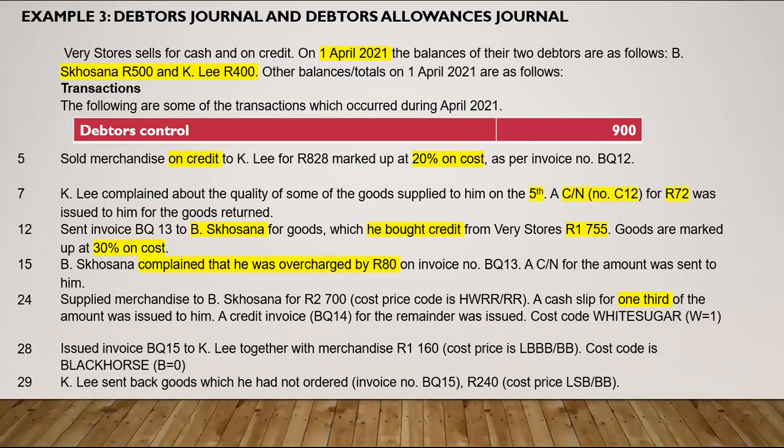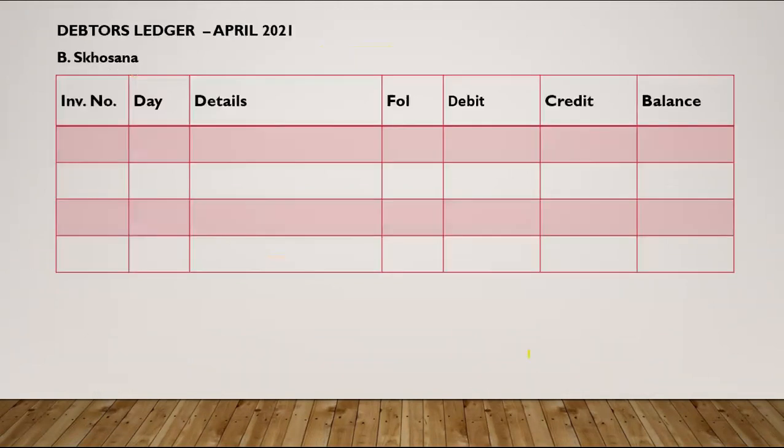Now, what I'm going to do with those amounts, I will take them straight to the debtor's ledger of each debtor. I will start with Bisco Sana, and I will write that as the balance on the 1st of April, which you can write as account rendered. I prefer to write it as balance brought down.